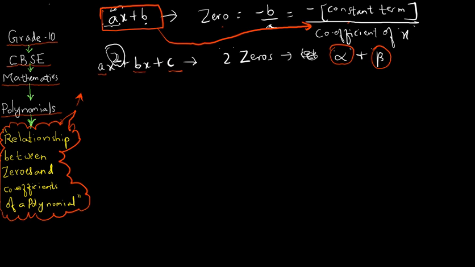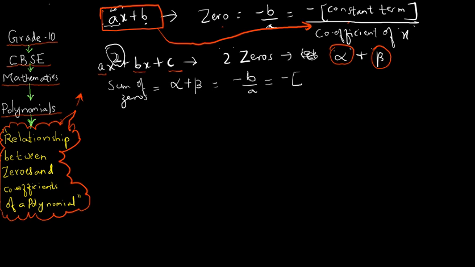Now clearly, when I add up the roots, or when I call this the sum of zeros, in this case it would be alpha plus beta, and this would be minus b by a, is how we come to the formula.